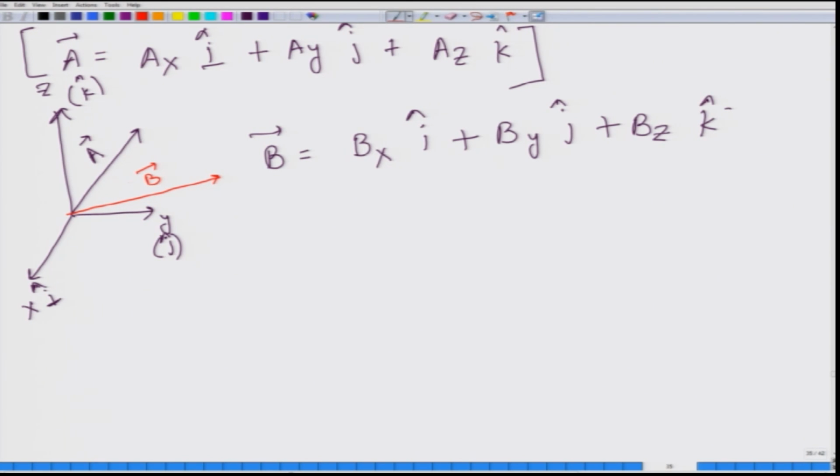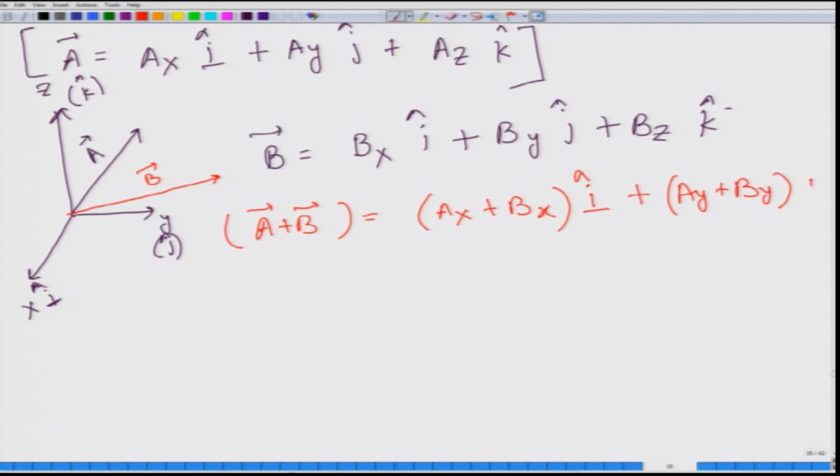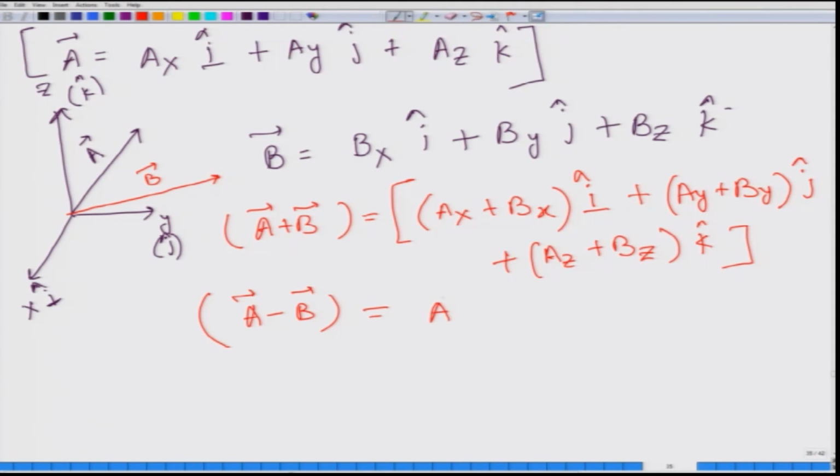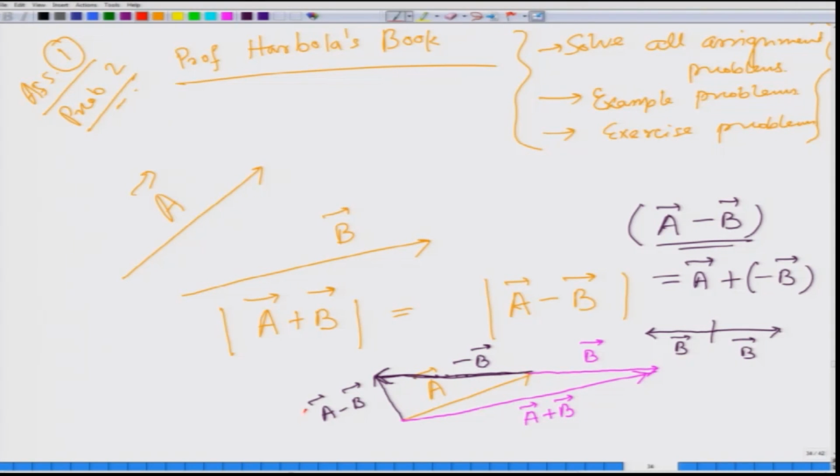Now if I add these two vectors, what will be my A plus B? It would be AX plus BX along i, that is along X direction, then AY plus BY j plus AZ plus BZ along k. And if I take A minus B, what would that be? It is nothing but A added with minus B, like this.